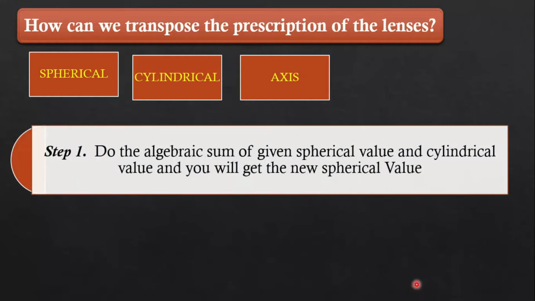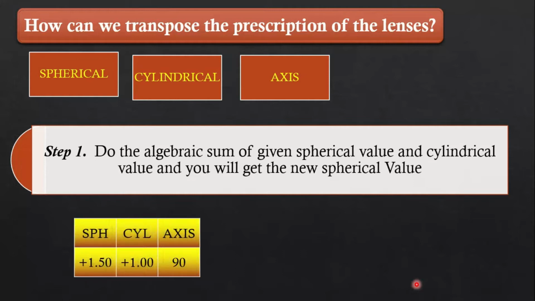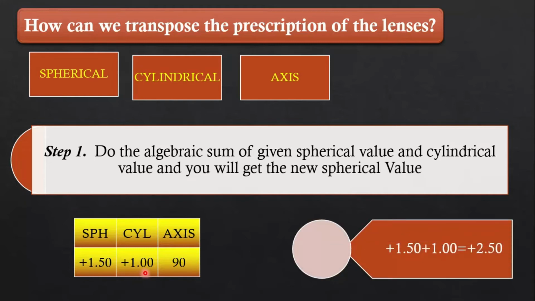Step 1. Do the algebraic sum of given spherical value and cylindrical value and you will get the new spherical value. For example, if there is a prescription like plus 1.50 diopter spherical with plus 1 diopter cylindrical at the axis of 90 degree, in this prescription you need to take the value of spherical and add the value of cylindrical to get the new spherical value.